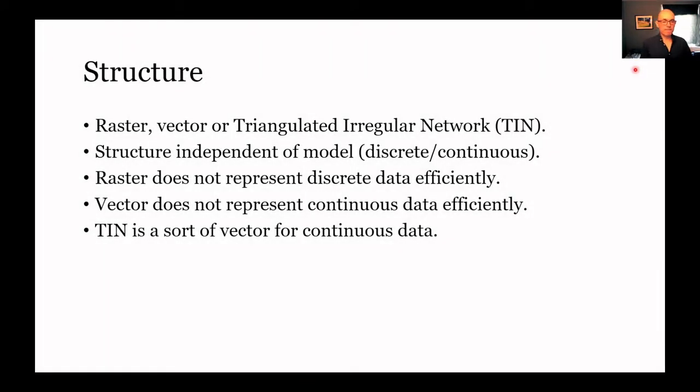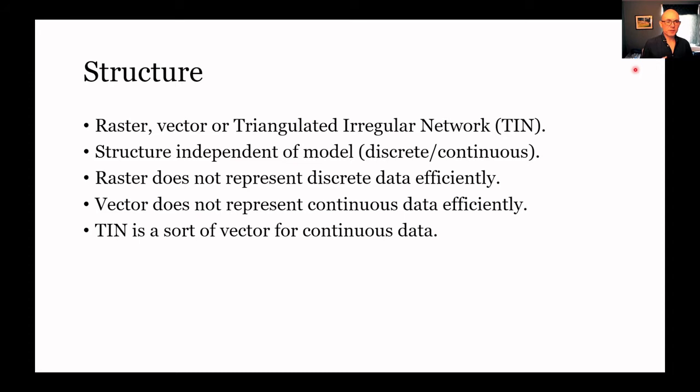Let's look, we're coming towards the end of the lecture now, or the main part of the lecture, and we can look at the last part that's particularly related to Git in GIS, and that's the structure, how the data looks, so to speak.